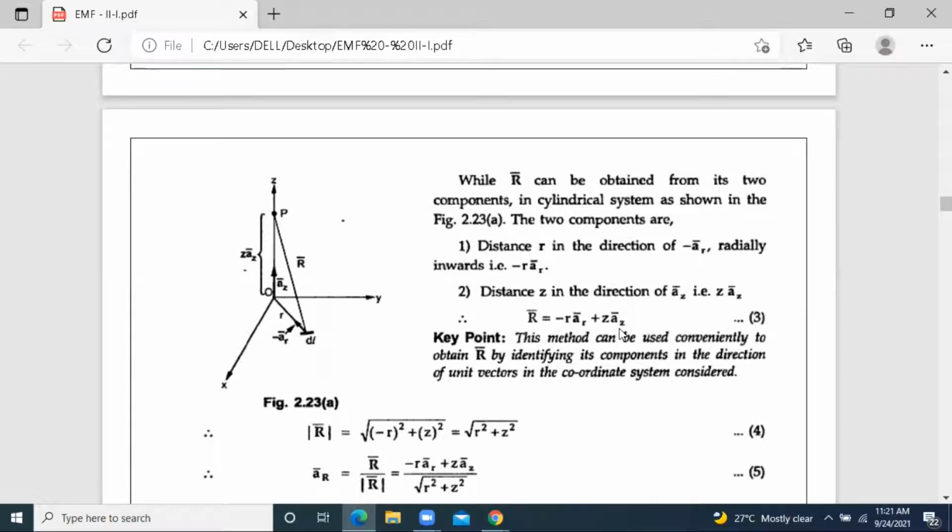So at all times, when you're asked to calculate the electric field intensity at some point, what should go off in your mind is that this is where the charge is. How do I get to the point where I want the electric field intensity? So from Pythagoras, your vector R is that, and a_R is that.